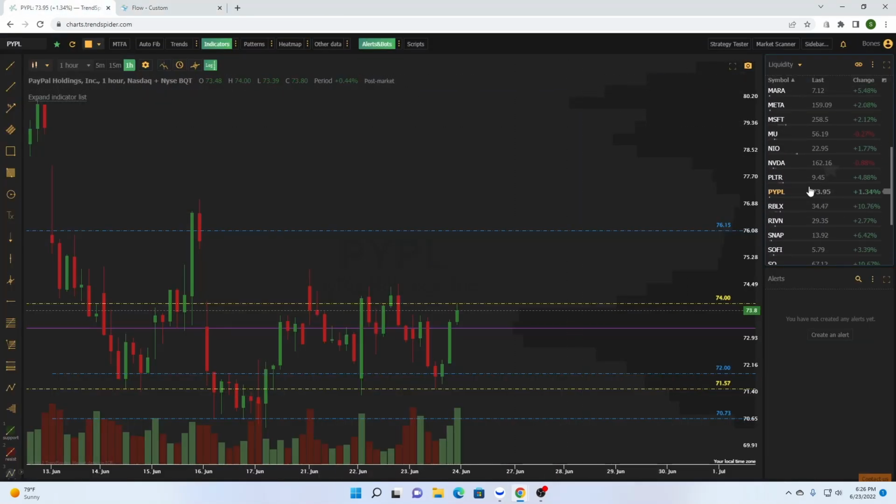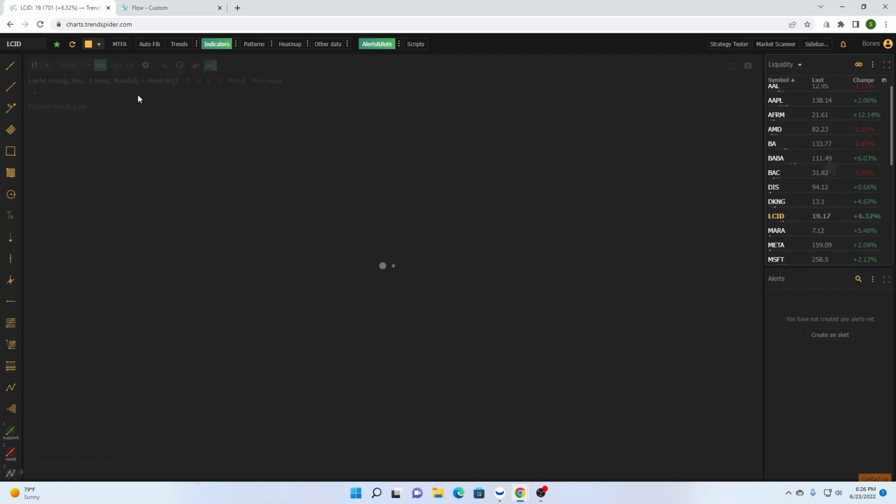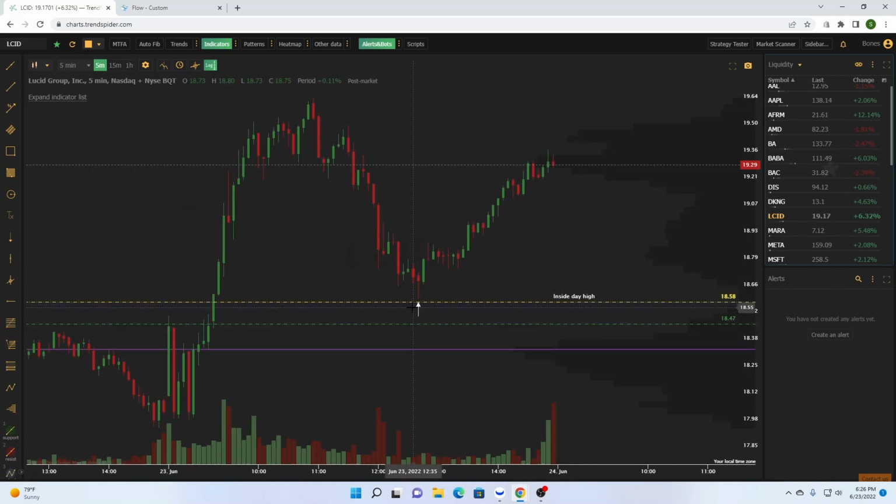If we look at Lucid from today, the high of the inside day was 18.58, and we get a nice, almost perfect retest here. If we don't catch it early, that's all right. But in this case, I had that level marked at 18.47, a very key level. And the fact that it lines up with ORB, to me, signifies a big move is coming. In this case, I like to play the retest. I probably wouldn't have made it here.